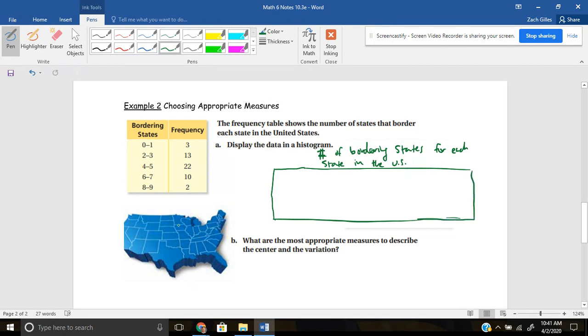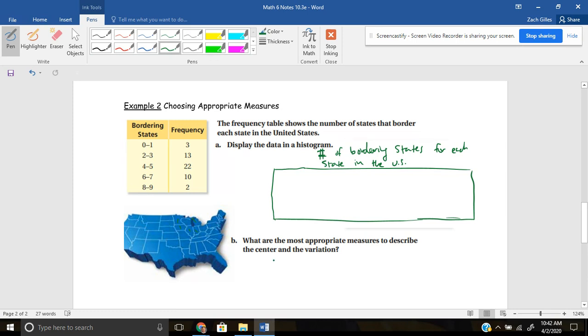Okay, looks like I got Minnesota, Iowa, Illinois, Indiana, and Michigan. So 1, 2, 3, 4, 5 states border Wisconsin. Okay, so that would fall under this category. We have 4 to 5 bordering states, just like 21 other states.